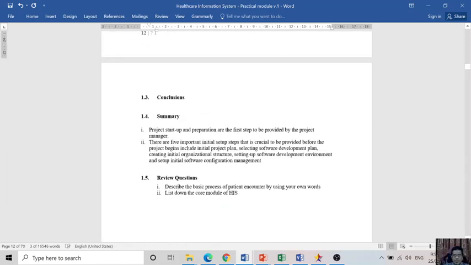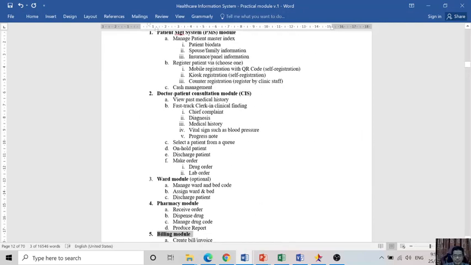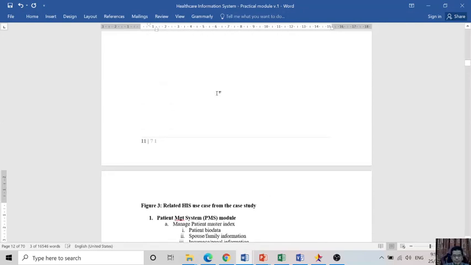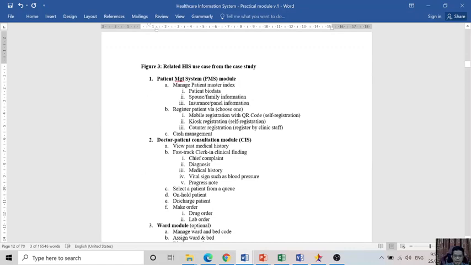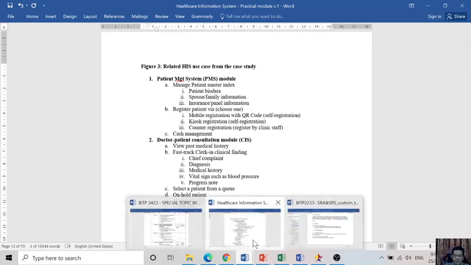Okay class, I think that's it for lab 1. So what you need to do is transform the SRS that we captured from the case study into a requirement list in this document.